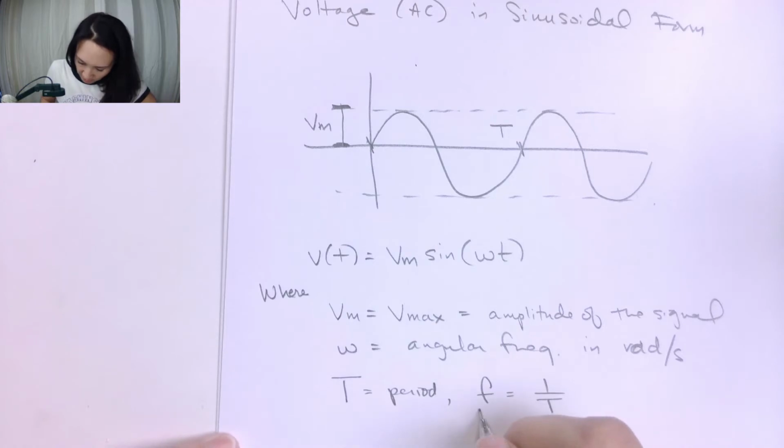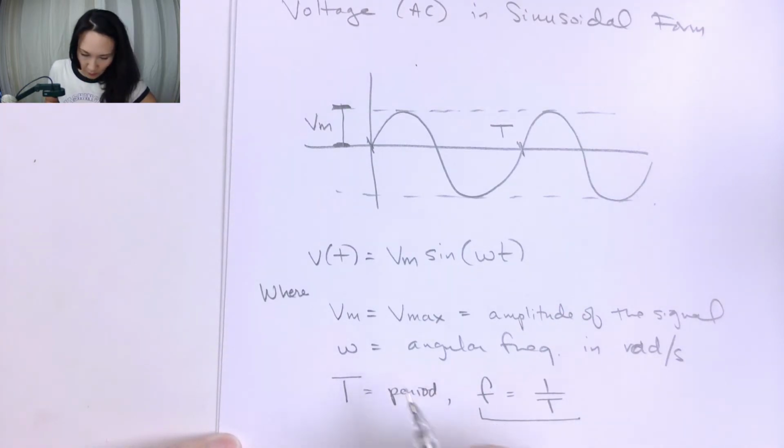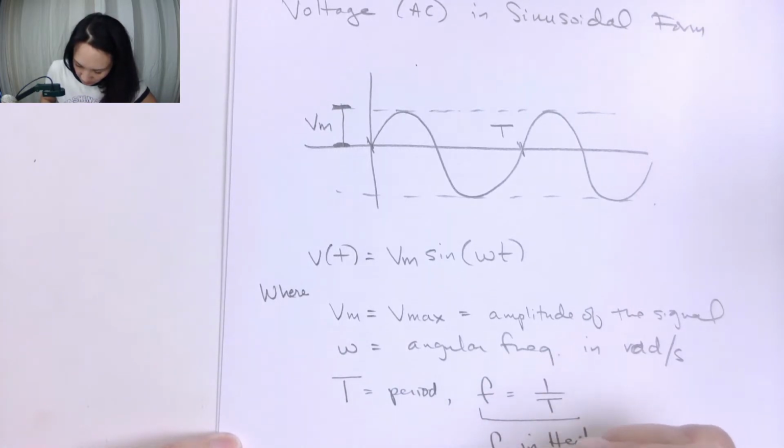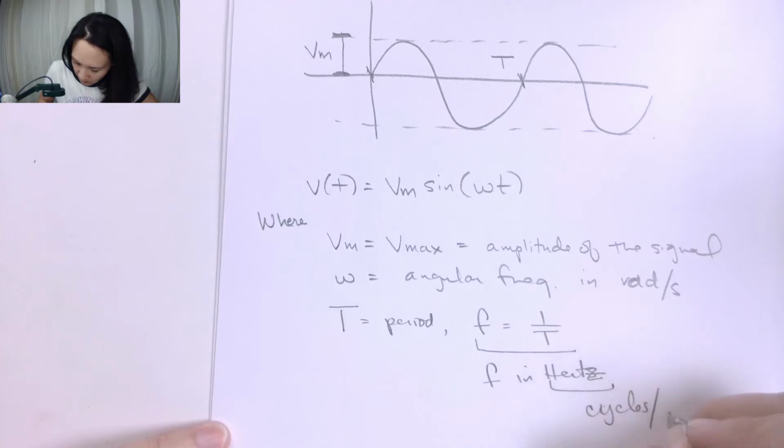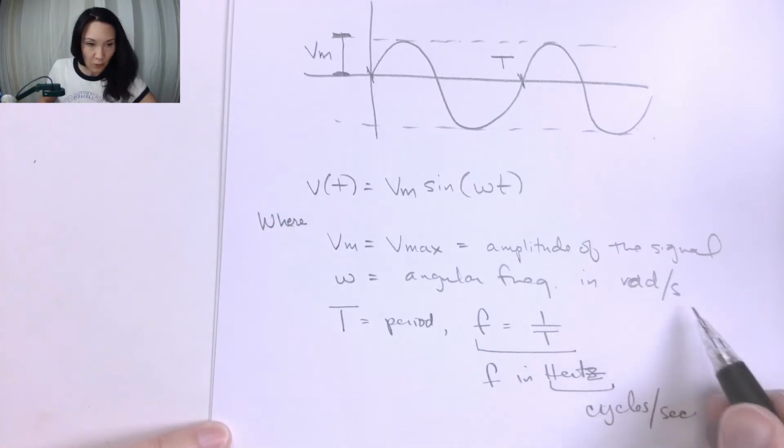Now, if you have frequency denoted by f as opposed to omega, then this frequency is going to be in hertz. The definition of hertz is cycles per second, but omega is radians per second.